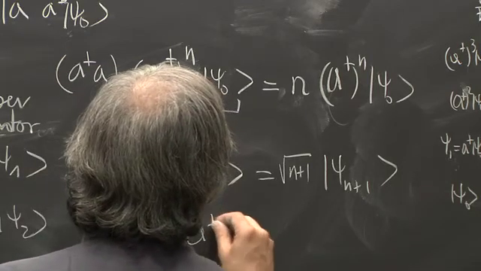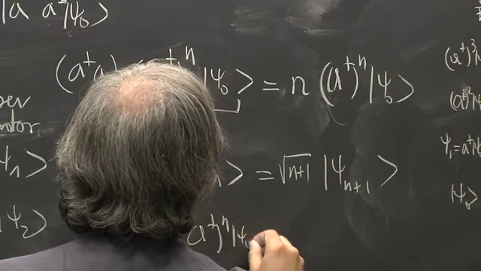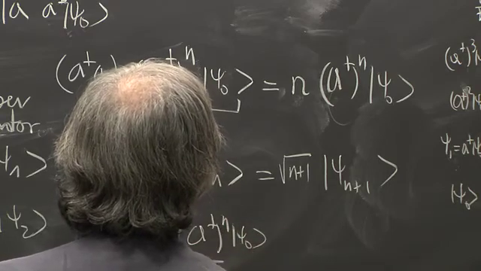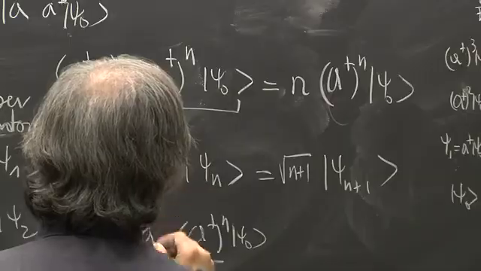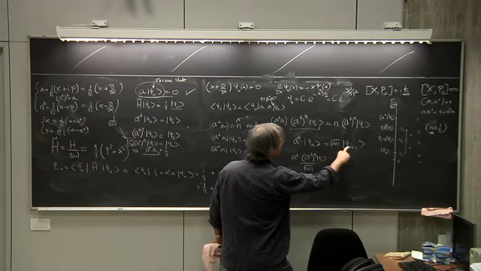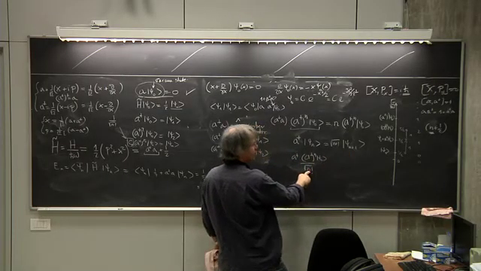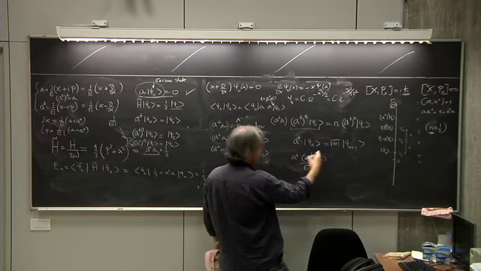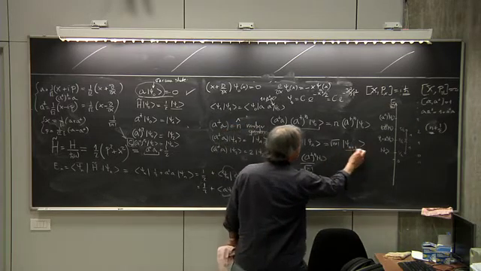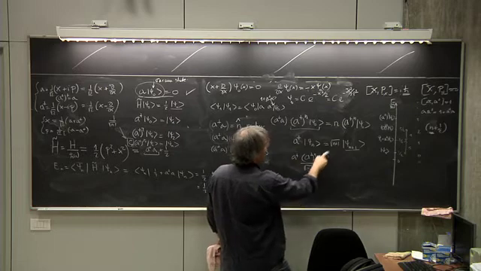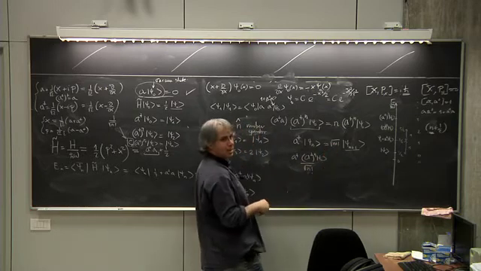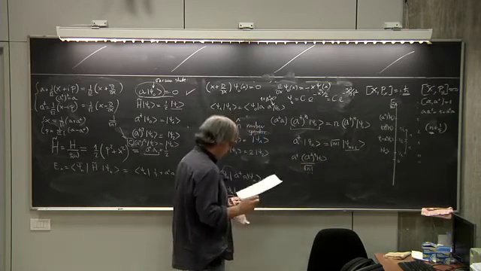You have A dagger to the n applied to psi 0 divided by square root of n factorial. You apply another A dagger, but this doesn't give you the correct square root of n plus 1 factorial that you should have here, but there is one less n plus 1. So it's very simple to prove this.